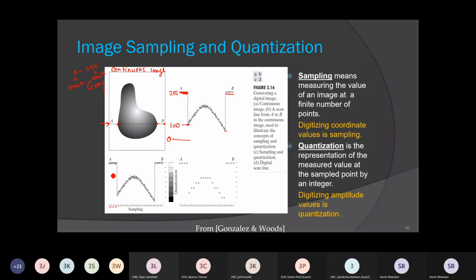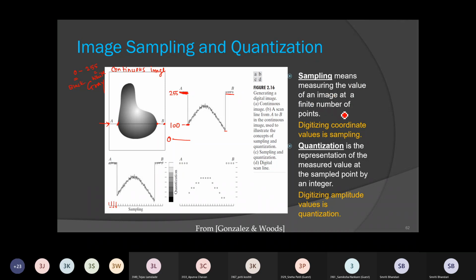So instead of picking up each and every value, I'll sample this signal, this image, using these sampling intervals. Whatever value is sampled at this instance, this instance, this instance, I'll collect only those.